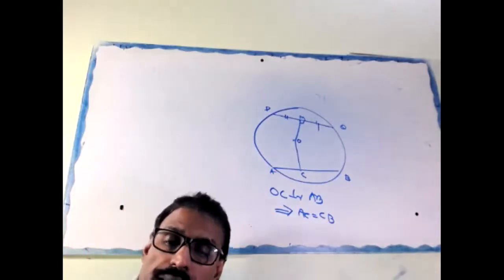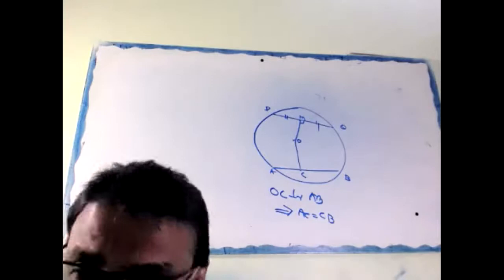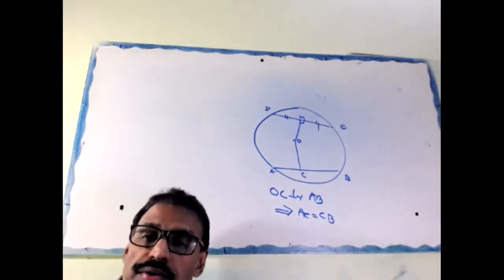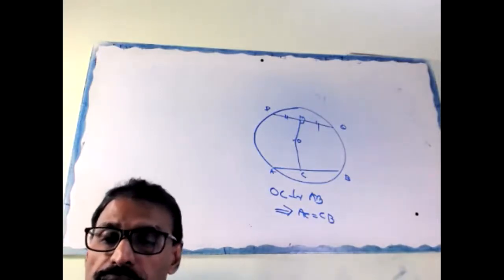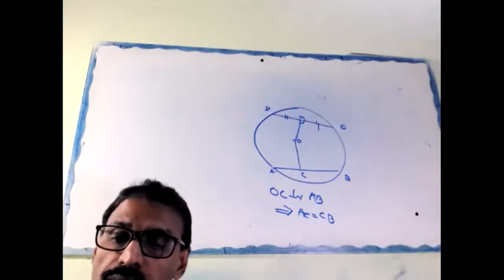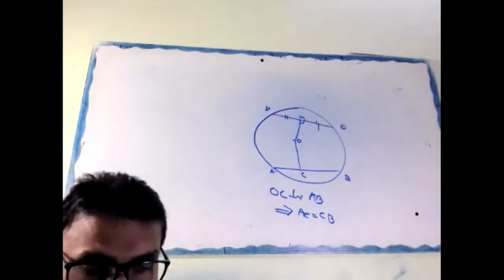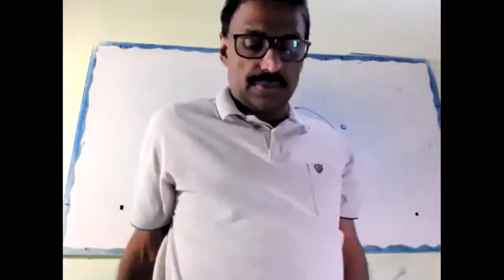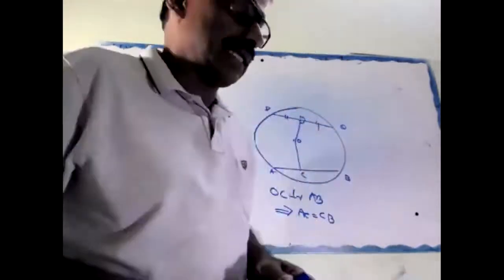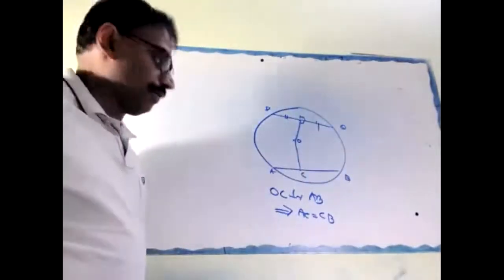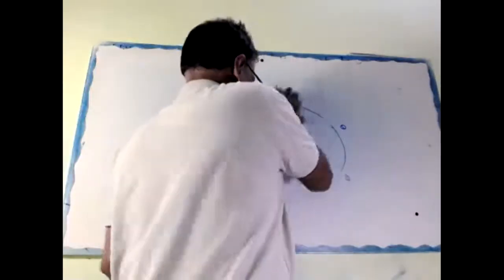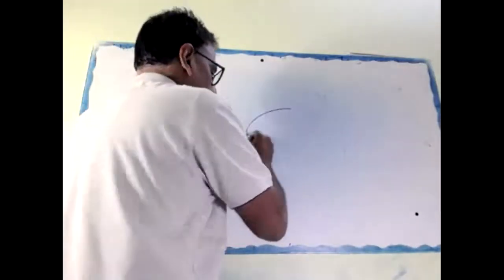Okay, look at here. So the first theorem, the perpendicular from the center bisects the chord. Everyone okay? We did already. Second theorem, look here.